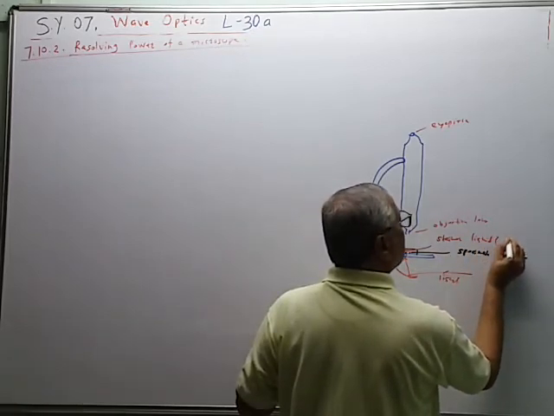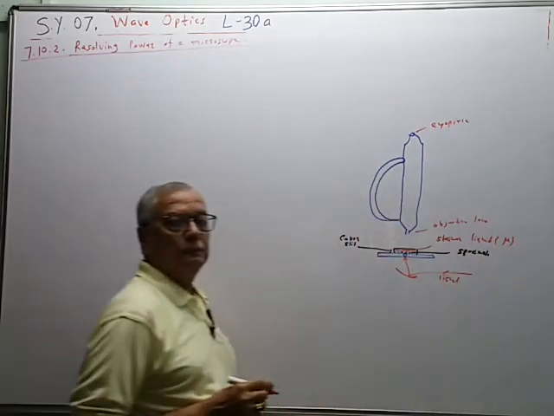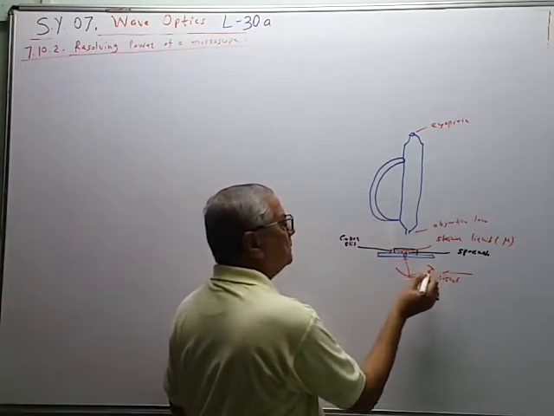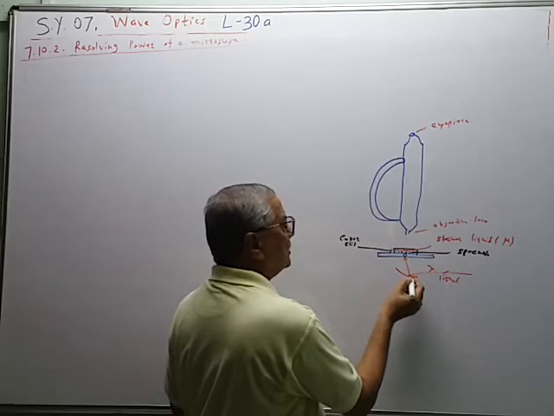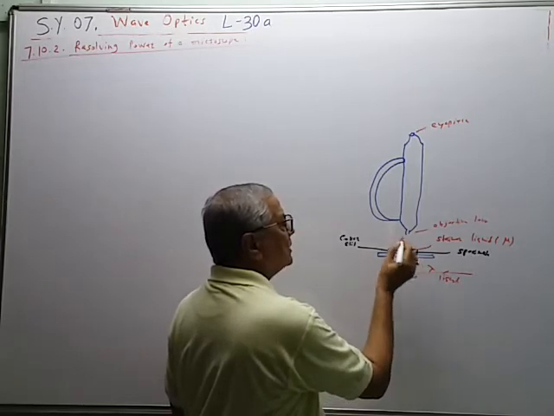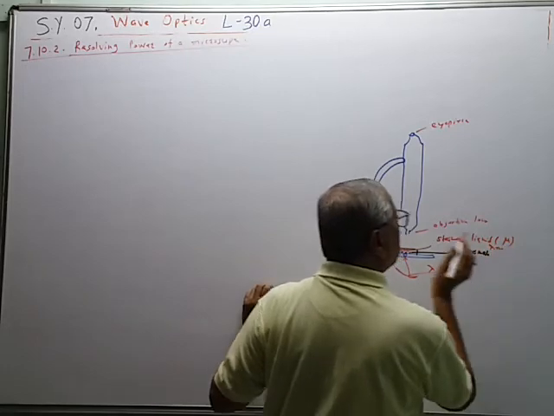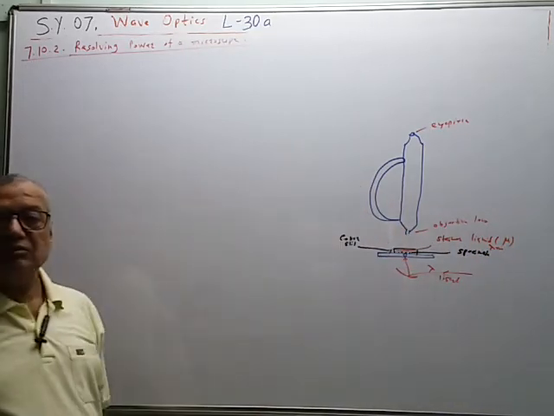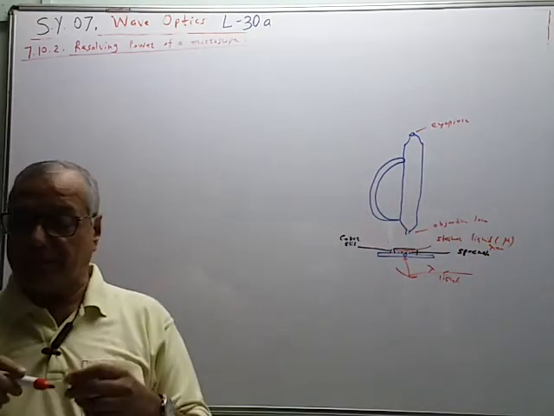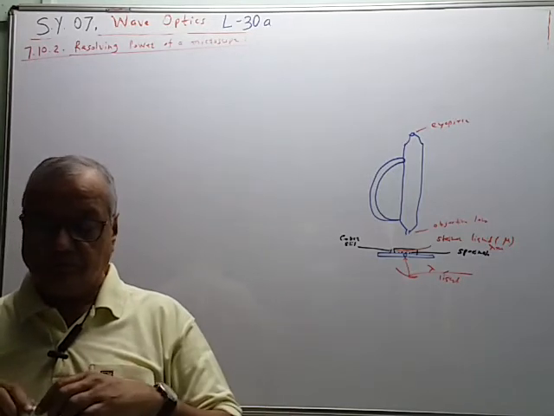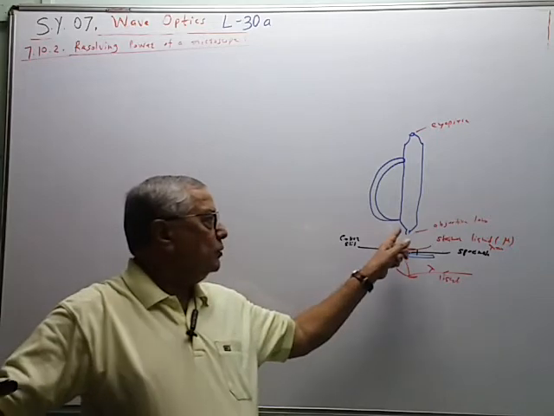Now this liquid has a certain value of refractive index mu. Therefore, the light has wavelength lambda, but when this light passes through the liquid, its wavelength will change. So the wavelength is lambda medium. Lambda medium is obviously less than lambda. So this is the objective lens.